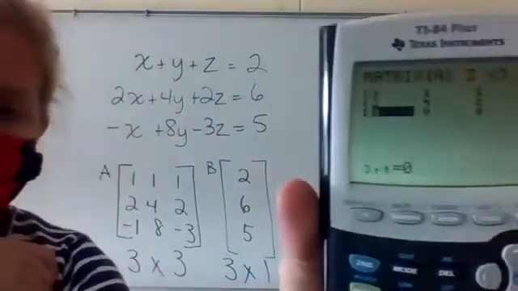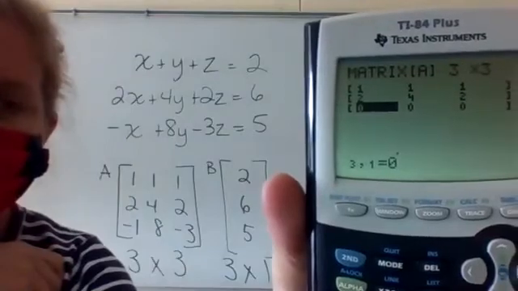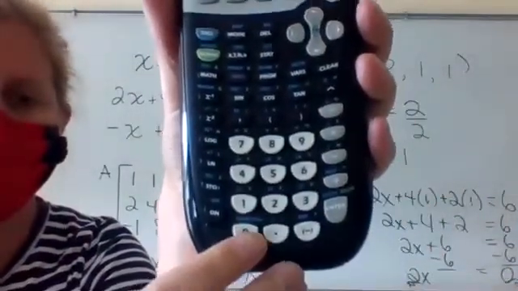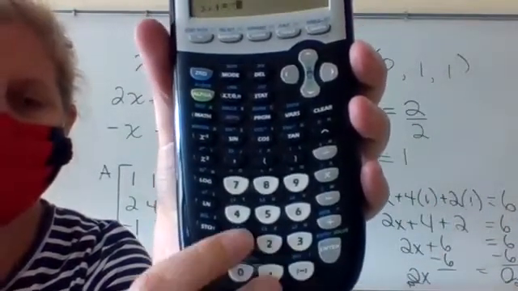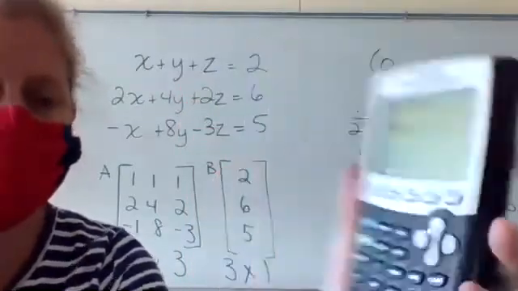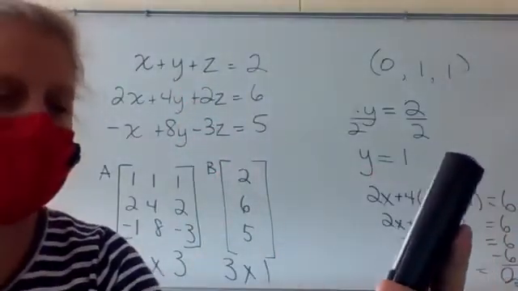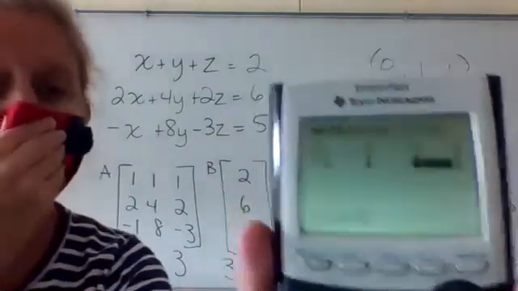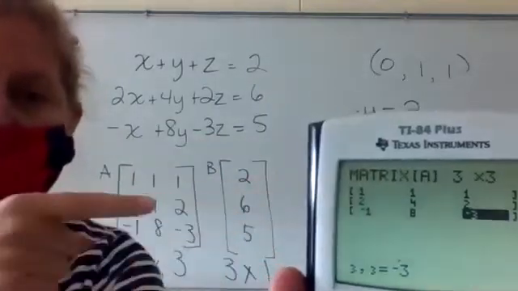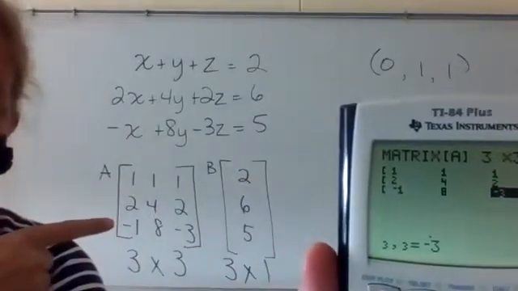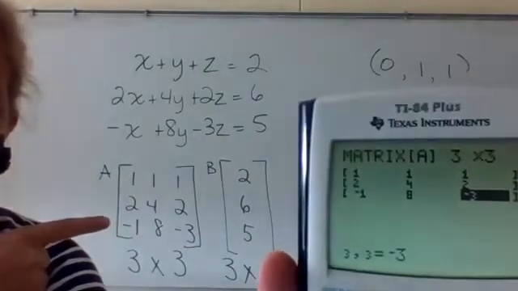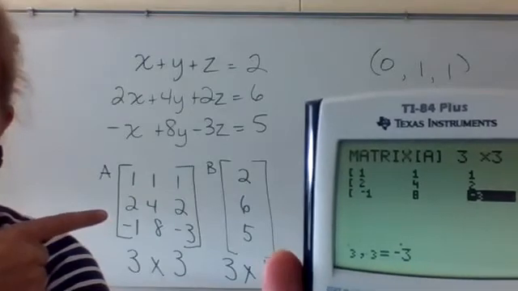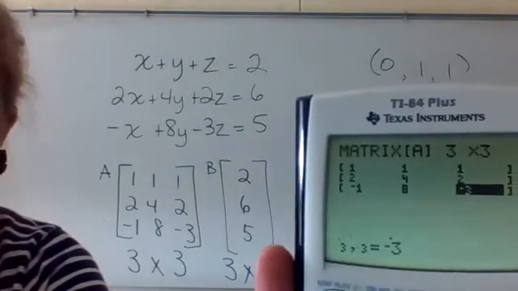And the bottom row is -1, 8, -3. So remember, your negative button's down here. -1, enter, 8, enter, -3, enter. So remember, your matrix should match this matrix right here on the board. 1, 1, 1, 2, 4, 2, -1, 8, -3.